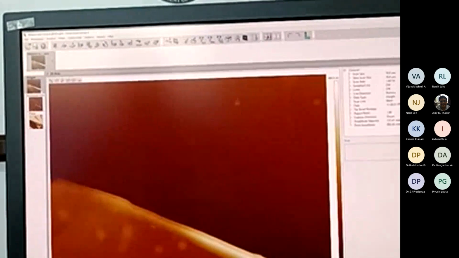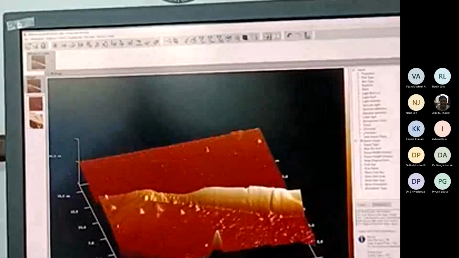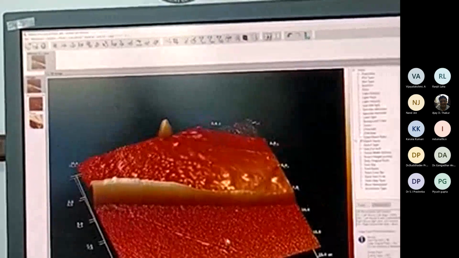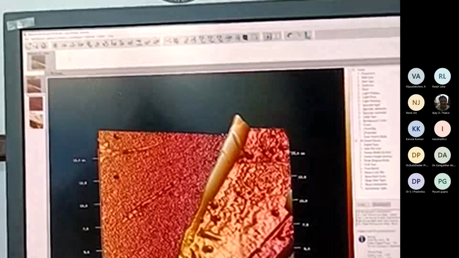Here we can observe its 3D view. We can find the step height also.